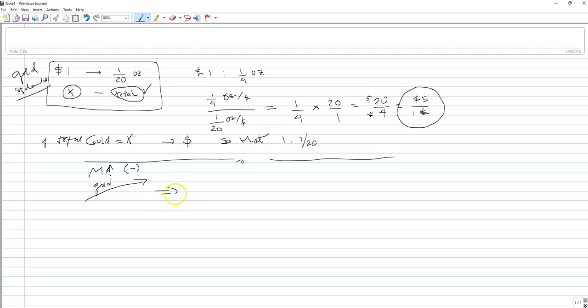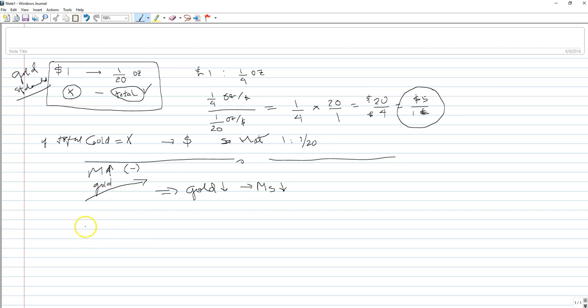Well, that means the gold amount in the United States, for example, will decrease and therefore force the Central Bank of the United States or the government authority to reduce the money supply.